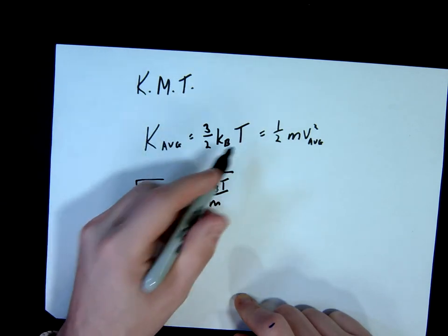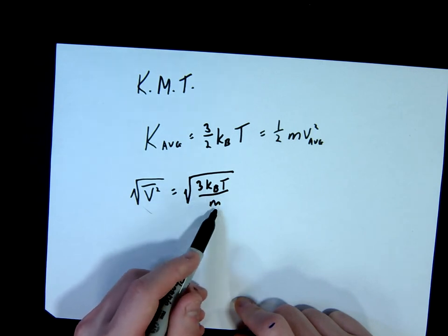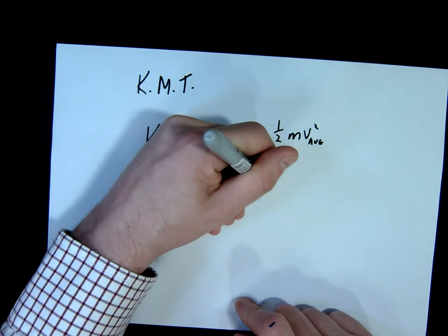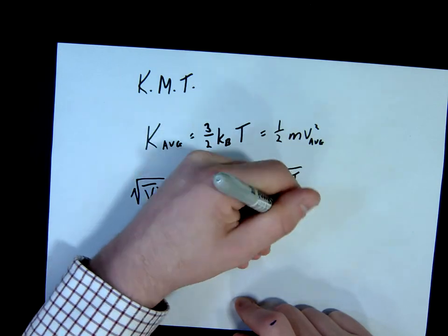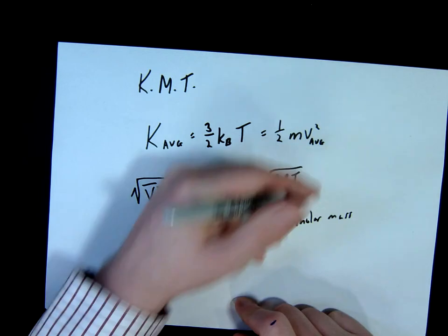Again, T is in Kelvin, and m is the mass of each molecule. It can also be written as the square root of 3RT over M, and this is the molar mass. So you have the molar mass or just the mass of the particle.